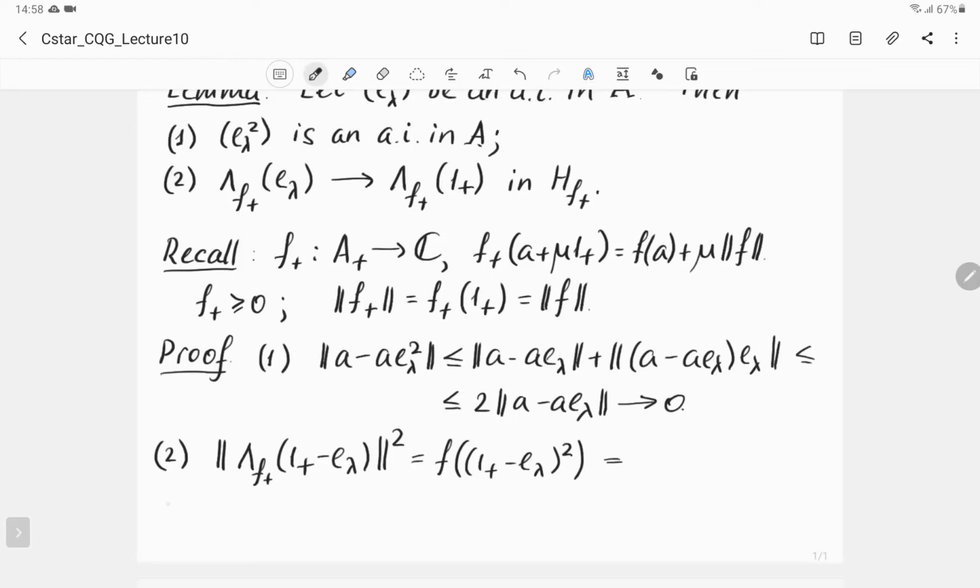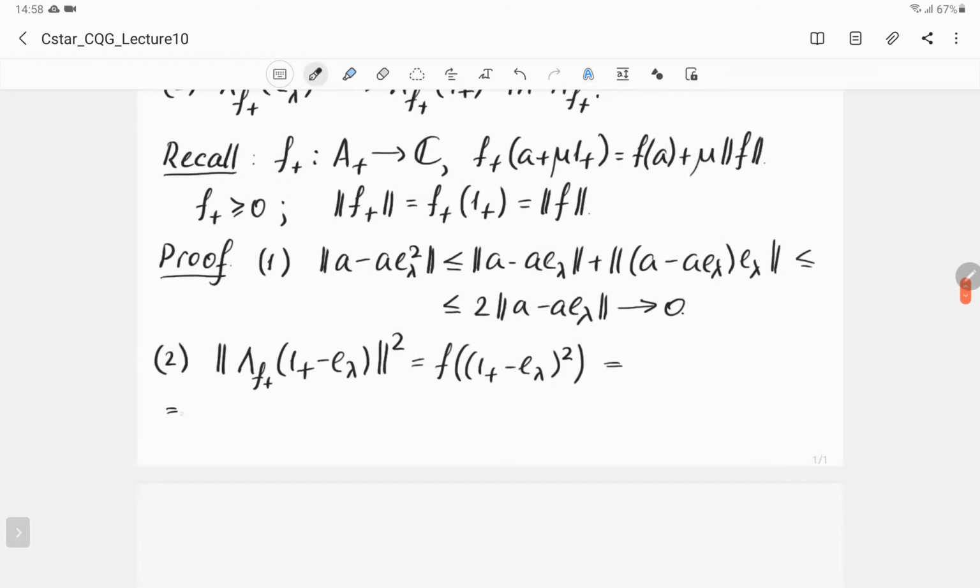So this is F plus, because we work in the unitization. So this is F plus applied to the identity, minus 2 F of E lambda, plus F of E lambda squared. Here I use the fact that F plus extends F.